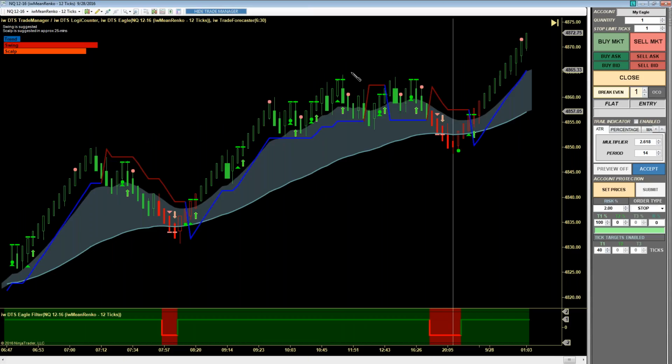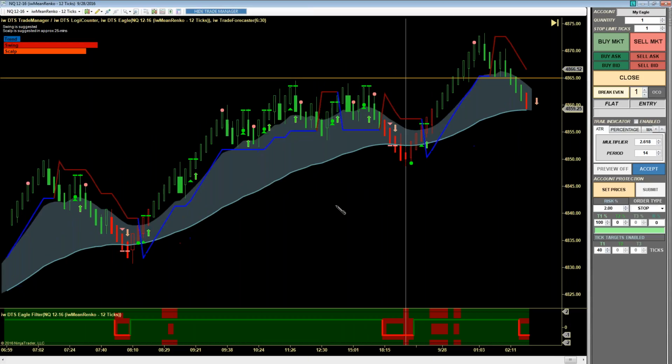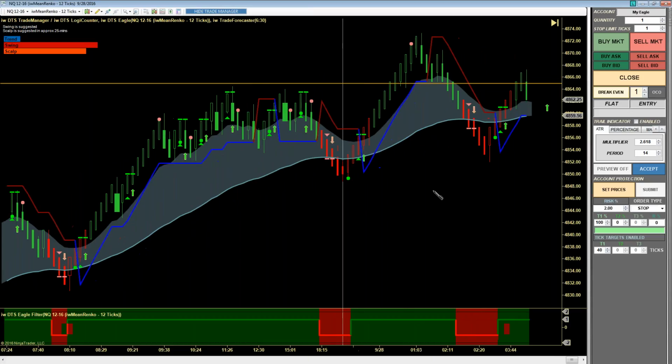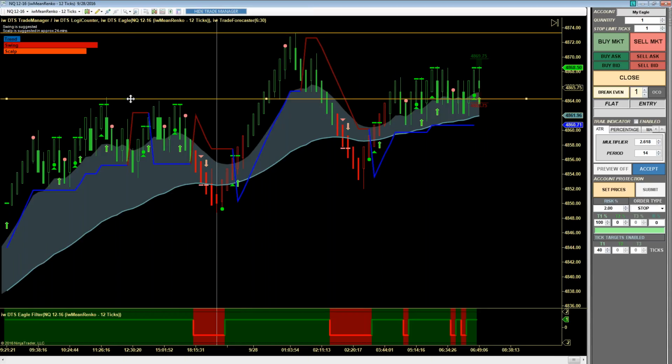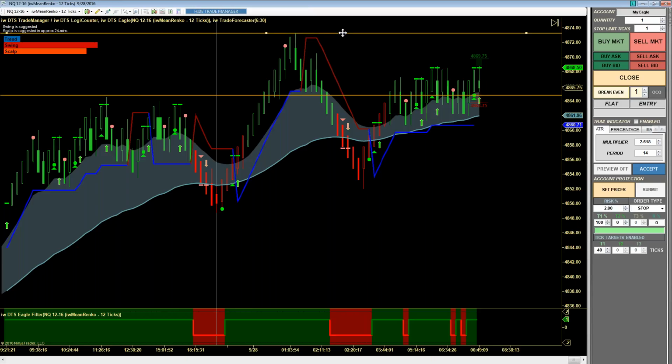Well, the highs through the day fell right around there. Overnight high poked through a little bit, but we're kind of sandwiched between there now. Between the high of yesterday's session and the high of the overnight.